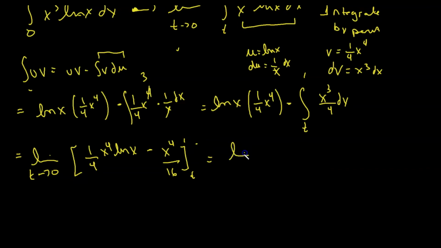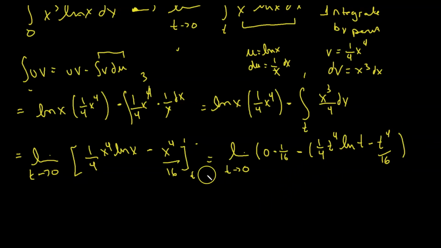This ends up being the limit as t approaches 0 of 0 minus 1 over 16, minus 1 over 4 t to the 4th ln t, minus t to the 4th over 16.